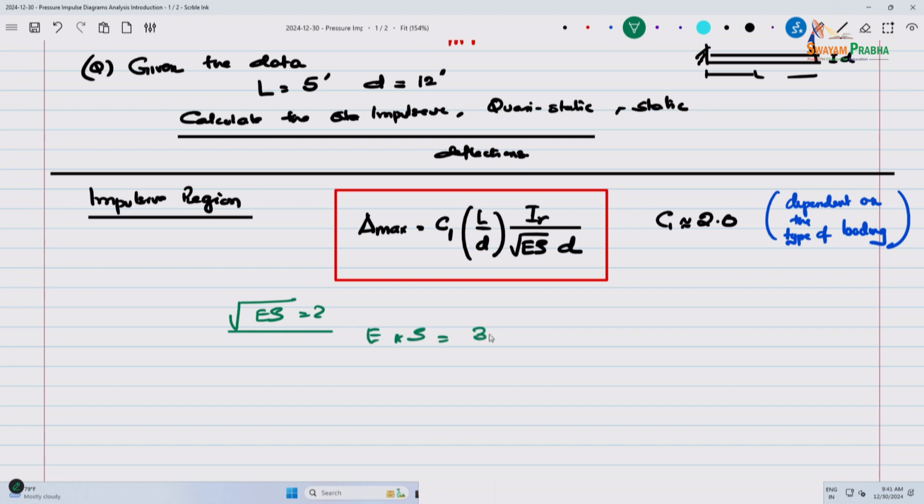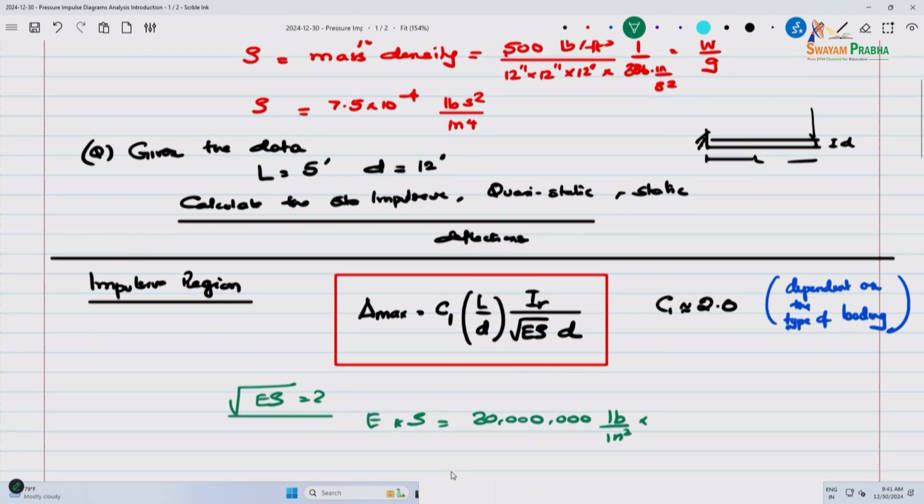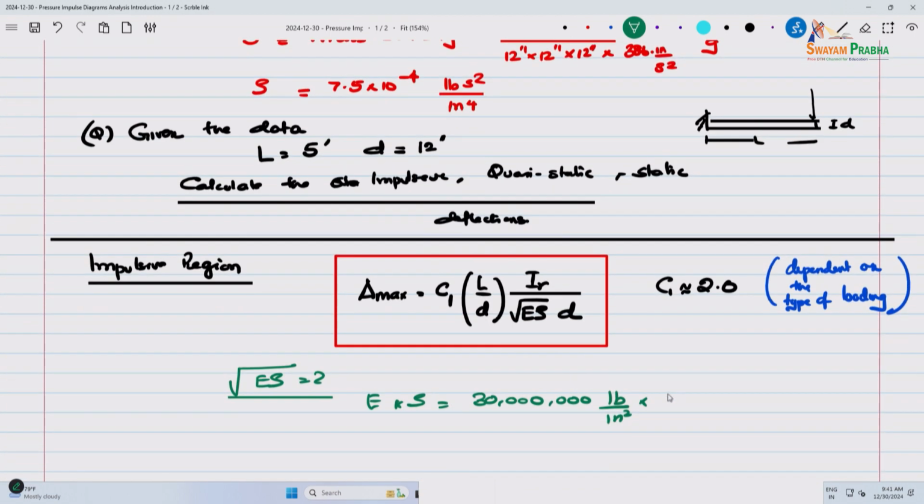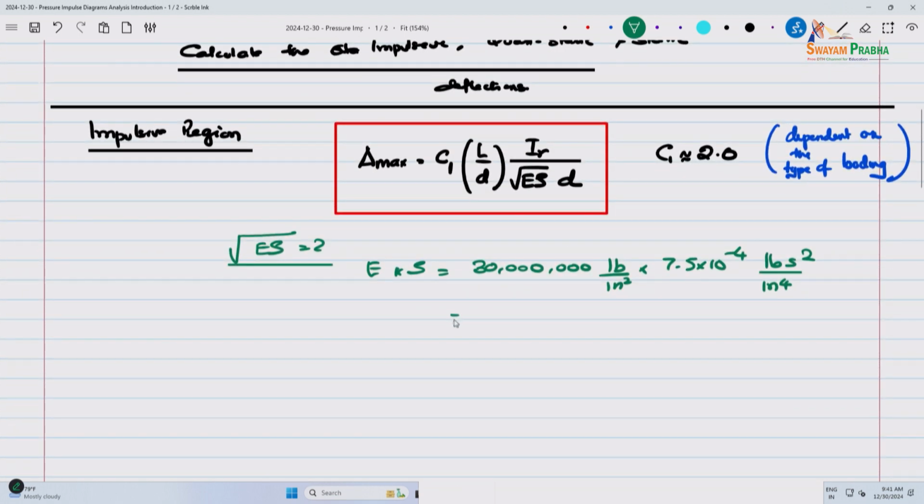So this is 30 into 10 power 6 psi, and rho is 7.5 into 10 power minus 4 pound second square by inches to the 4. I never feel comfortable till I have the units associated all the time, so you'll see me doing that. So this number is 22,465.